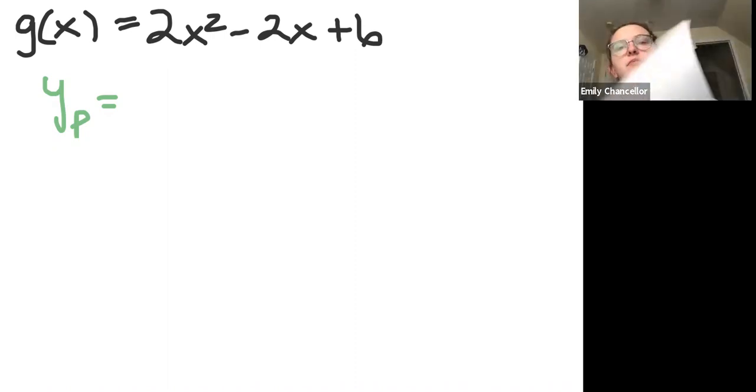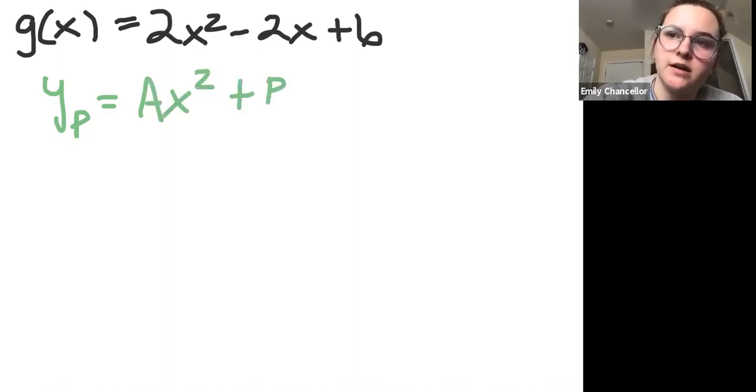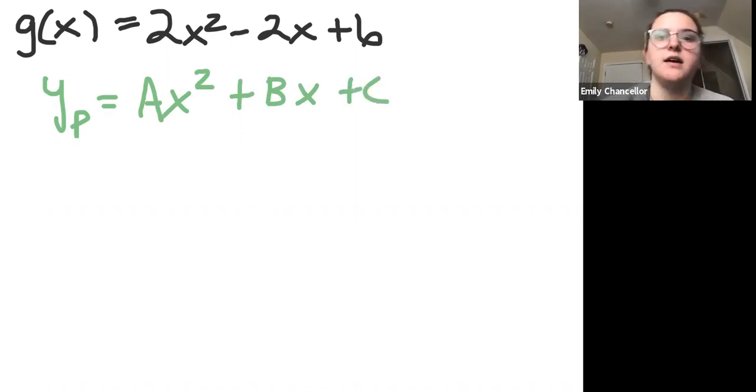It says that if g of x has an x squared, our trial particular solution is going to be ax squared plus bx plus c. And this is all about solving for a, b, and c to get yp.